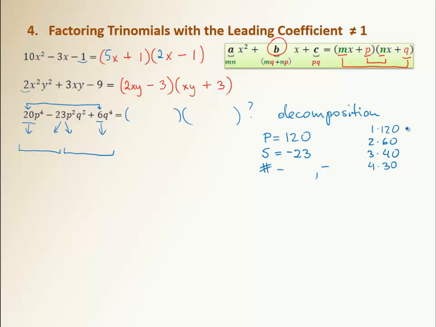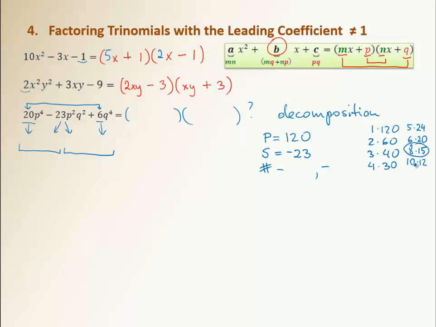For example, 5 times 24, 6 times 20, there's no 7, you can have 8 times 15 or 10 times 12. And those are all possibilities. And then you choose the one where the numbers add up to 23. In this case, it's 8 and 15.